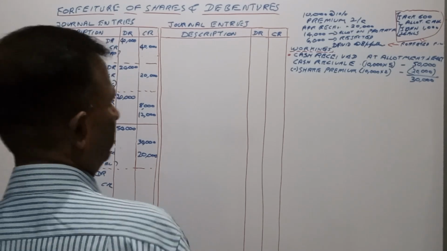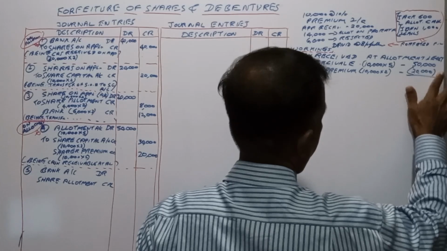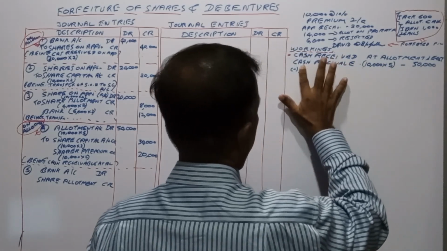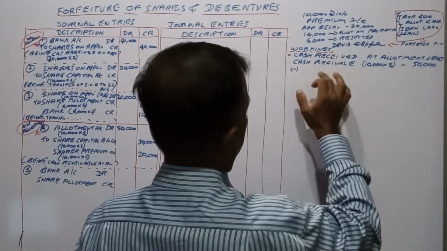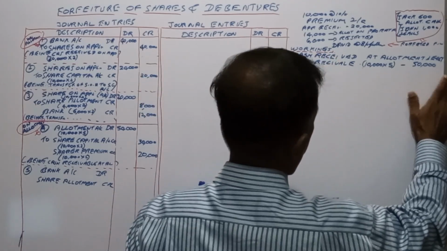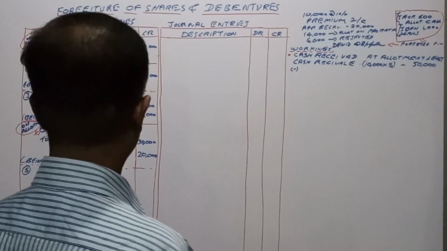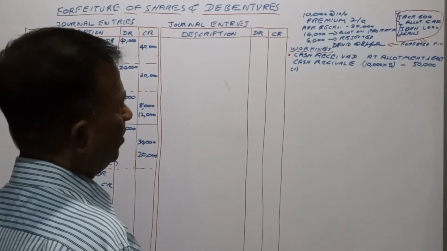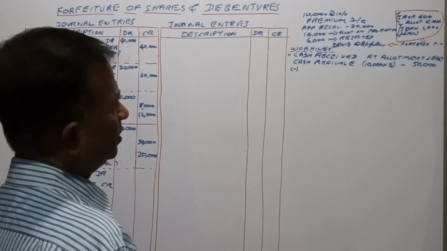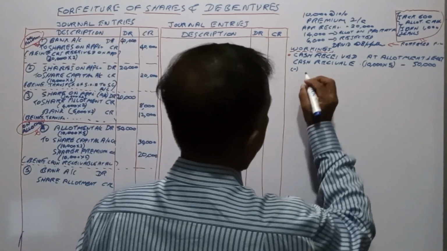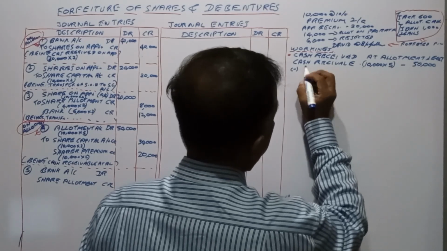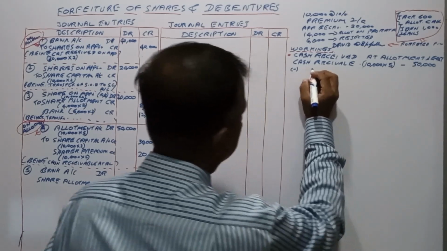Right. Okay. Wait. We have made 50,000, right? Minus Jack's share allotment.